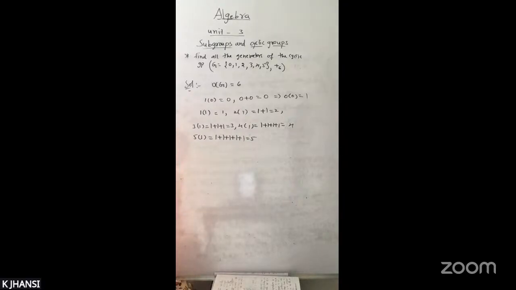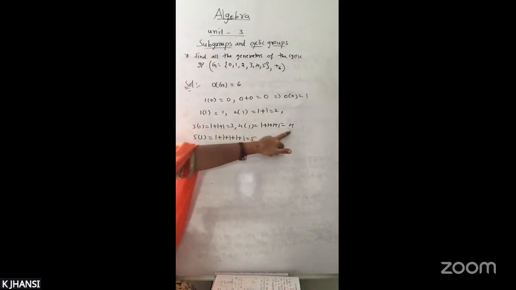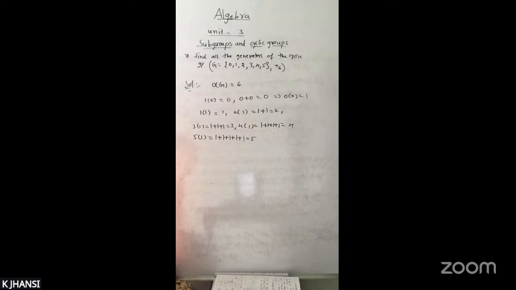Okay, so we got all the elements present in G. First we got 1, next 0, next 2, 3, 4, 5.